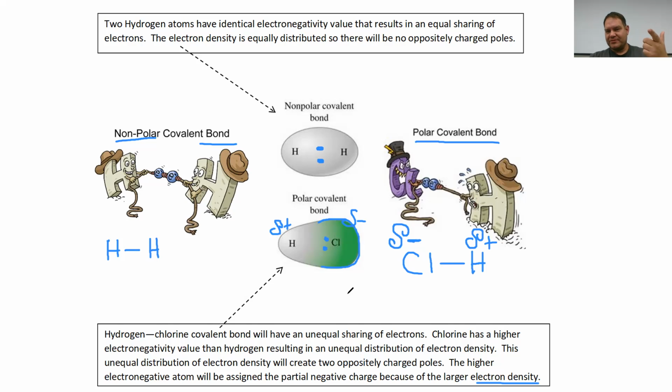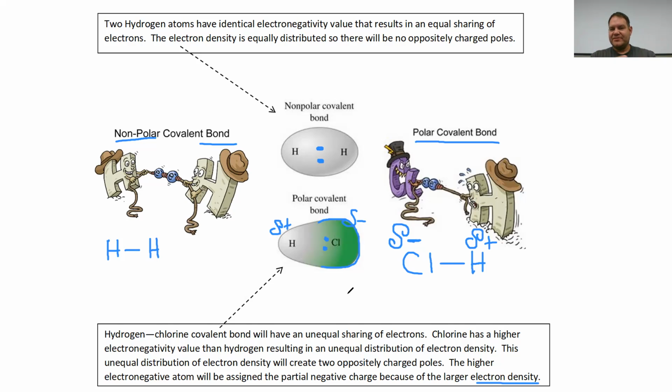We talked about orbitals, and we said, where's the highest probability that we're going to find an electron? Well, here we're saying, where's the highest probability that we're going to find the two bonding electrons in this covalent bond? Are we going to find them equally distributed? Are we going to find them more towards one atom or more towards the other atom?